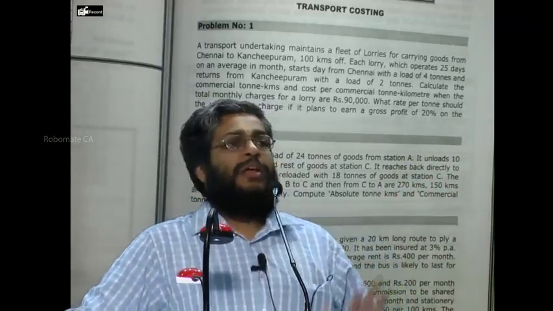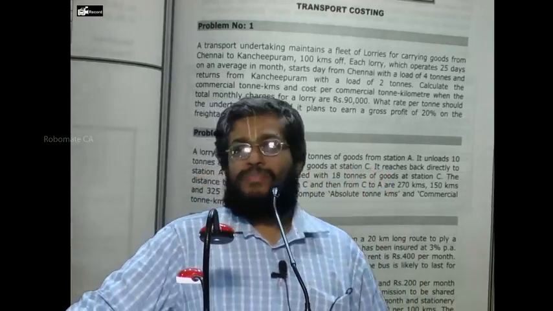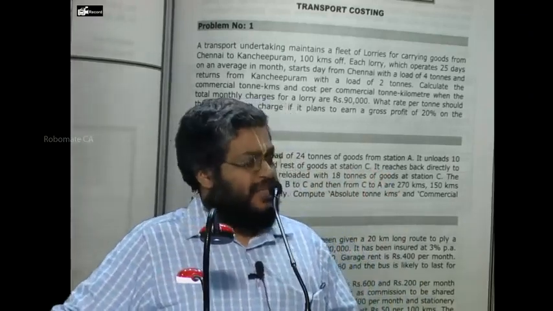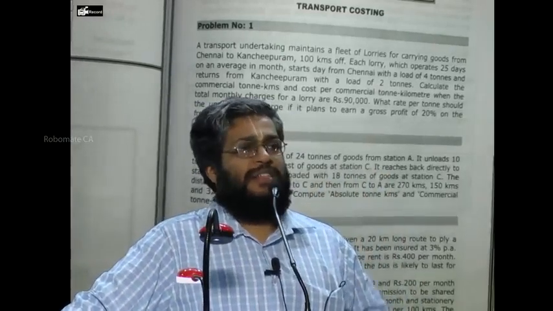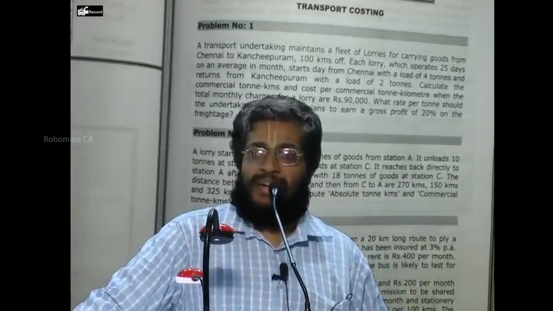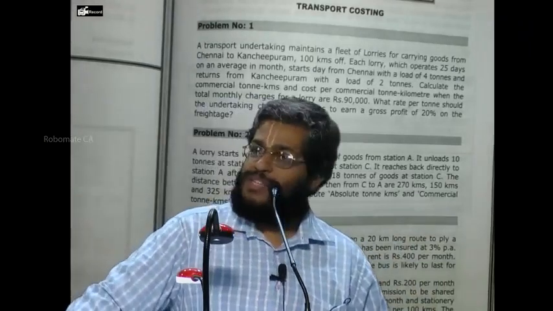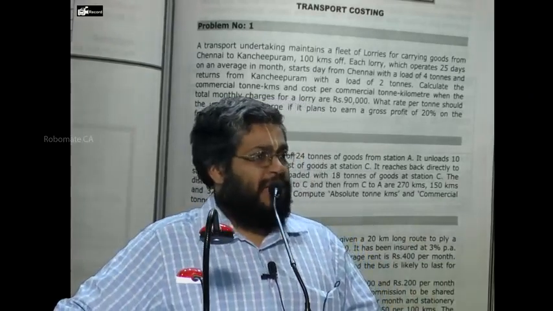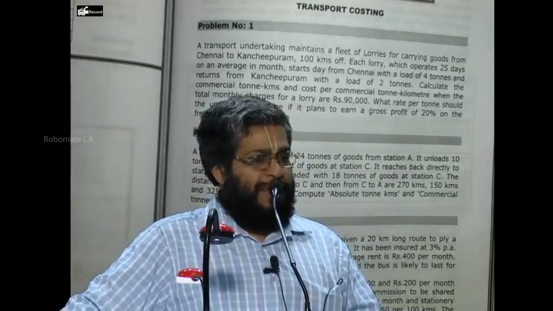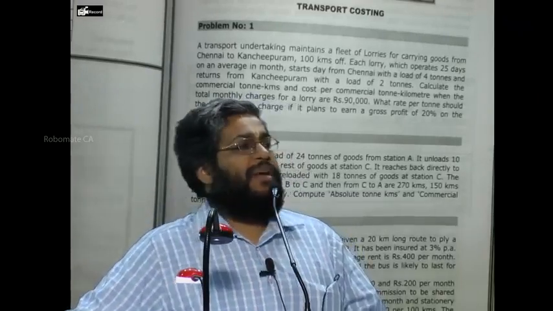Now, before that, a brief introduction. In the standard costing chapter we studied, the process is first fix the standards or establish a budget, compare with the actual, and variances are calculated. That means for a company to implement a standard costing system, you should be able to find out a budgeted profit.